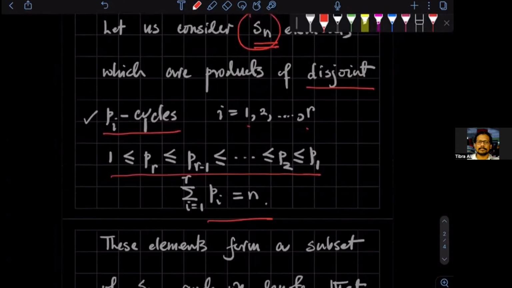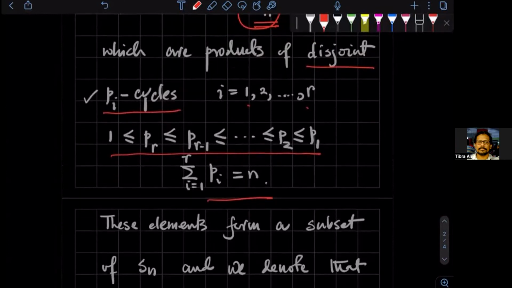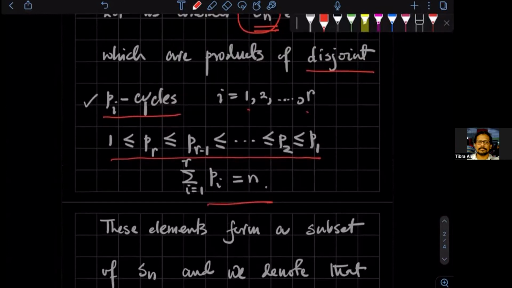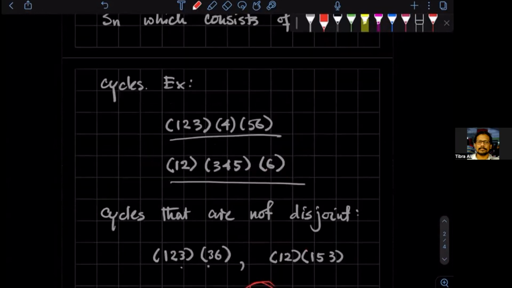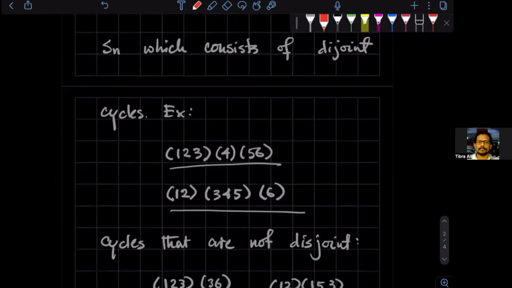We're looking for subsets where we have independent, non-overlapping cycles like this one.